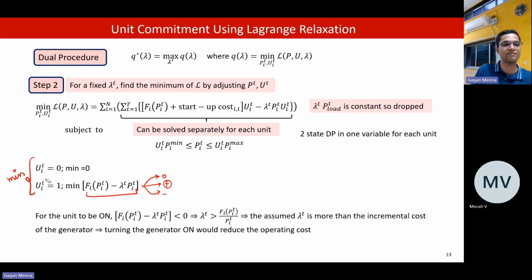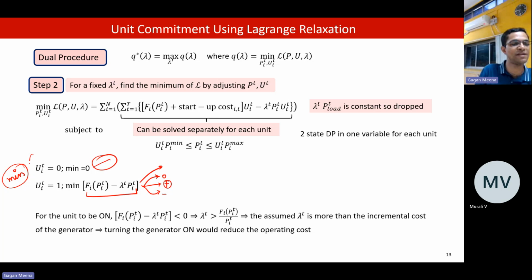Because we want to find the minimum of these two states, and here it is 0, for the other to be selected its value should be less than this.